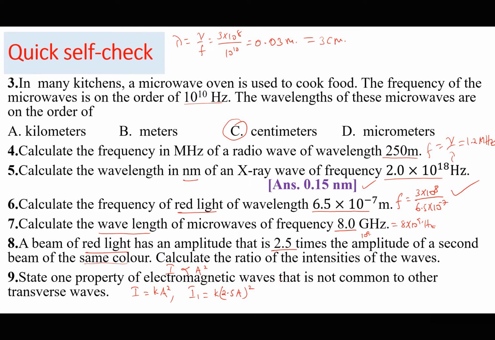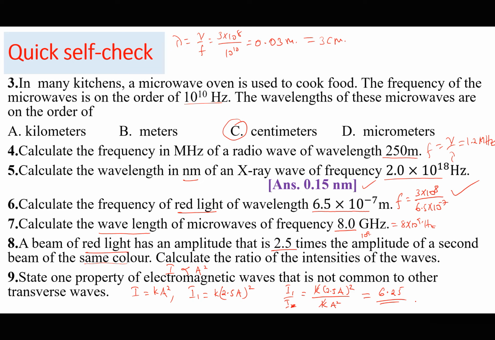So the ratio I1 divided by I2 is going to be K times 2.5A squared divided by K times A squared. Because A squared cancels, you remain with 2.5 squared, which is 6.25. So the ratio is going to be 6.25.